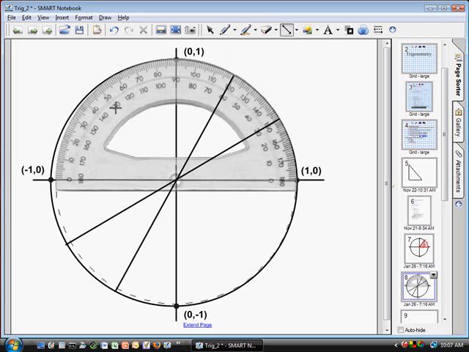Okay, and then I want to do a 60-degree angle over here in the second quadrant. And I want to do a 30-degree angle over here.